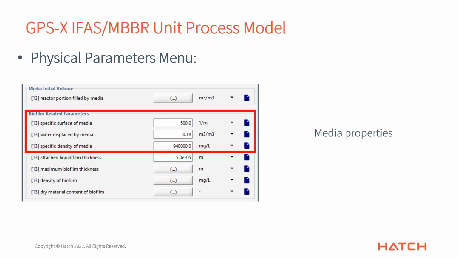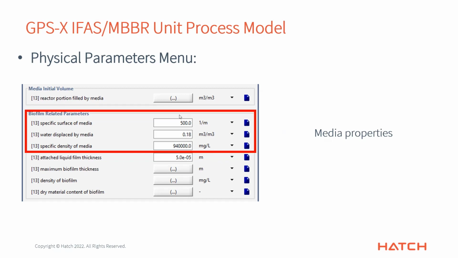As you may have noticed in some of those pictures I showed earlier, you don't necessarily grow biofilm on every single square millimeter of the media. They tend to grow more on the inside in all of those holes. In fact, they're designed specifically to work that way, so that on the outer parts that bang together against each other, you might knock off some of the biofilm. So it may say it's 1,000 meters squared per meter cubed, but we want to use a number that's a little bit less than that.